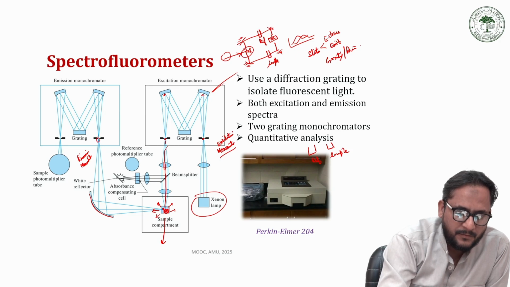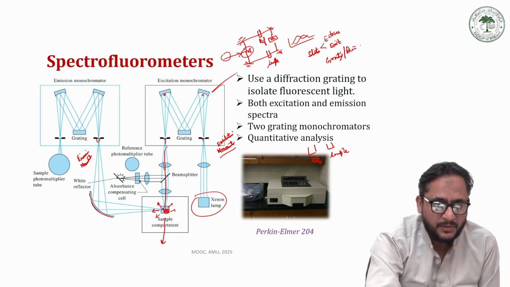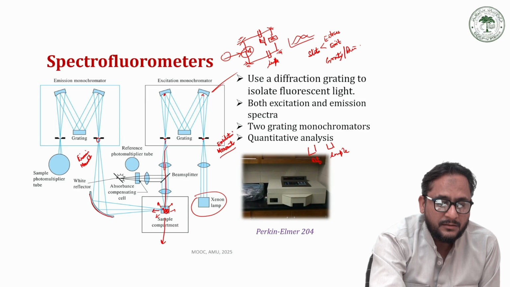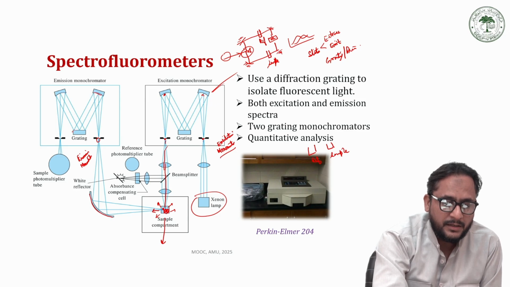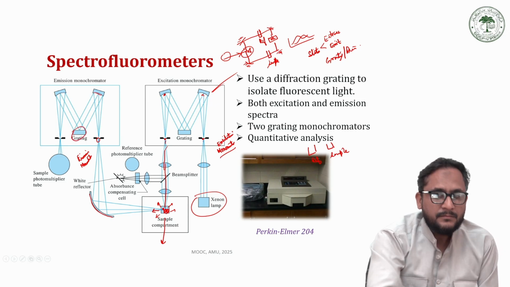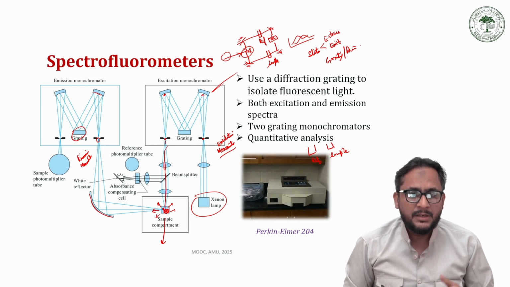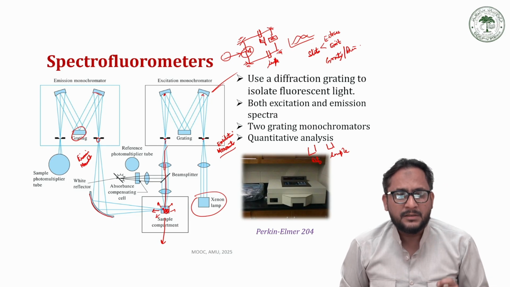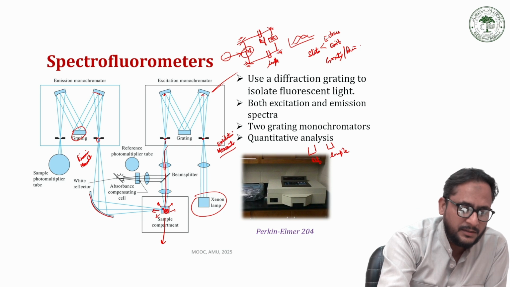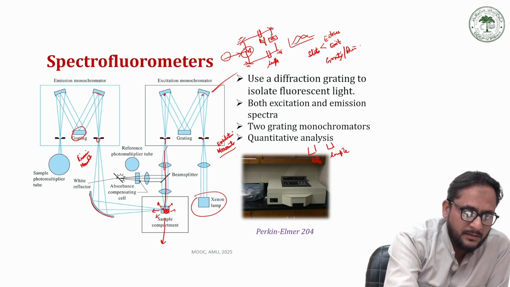Then the light radiation passes through the entrance slit, falls on the mirror, and is reflected to the grating. This grating disperses light radiation into narrow wavelengths. It narrows down the wavelength of the light radiation. This narrowed down light radiation is again reflected by a mirror and focused through this exit slit.